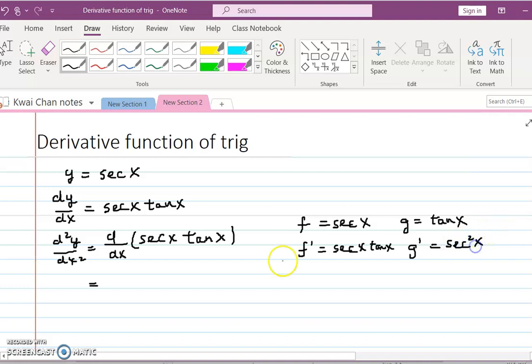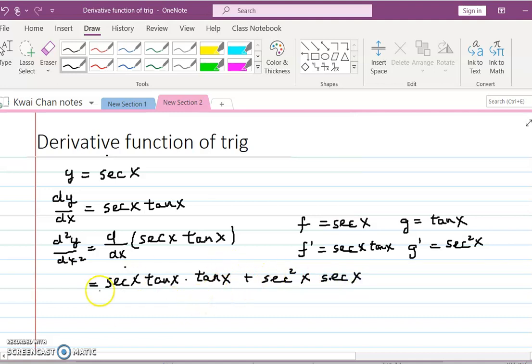So now when we do this, it would be first, secant x, tangent x, times the first, secant x tangent x, and then plus the second times g prime, so it'll be secant squared x and then secant x.